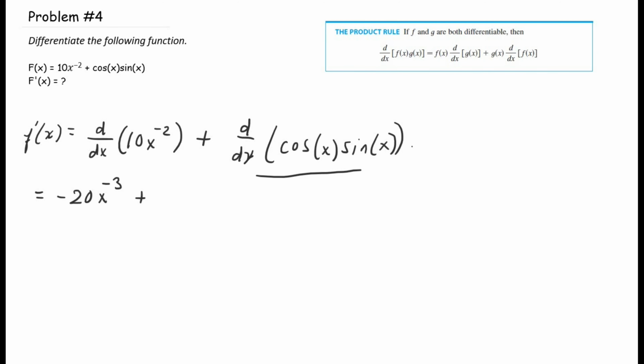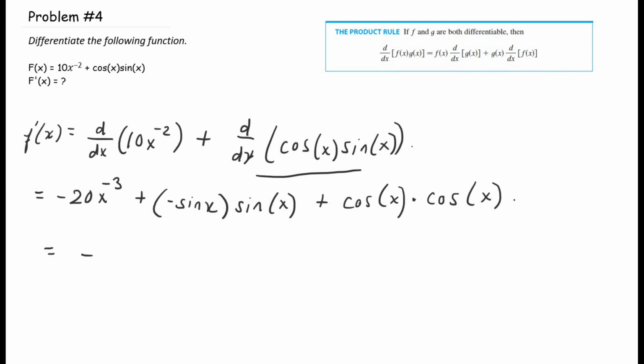So in this case, the derivative of cosine of x gives you minus sine of x, times the second term, which gives you sine of x, plus the first function, which gives you cosine of x, times the derivative of the second function, which gives you cosine of x.